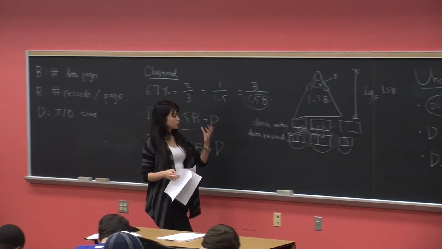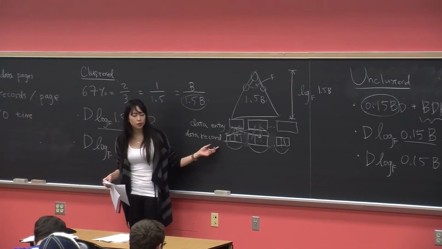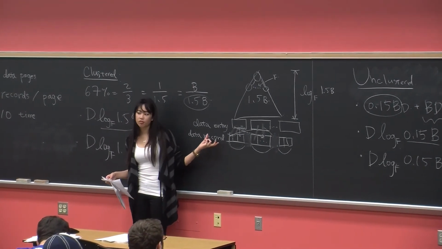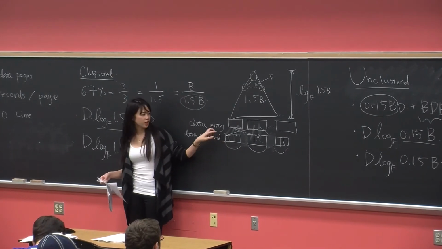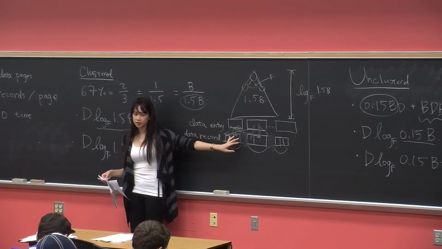If the pointers are in a crisscross way, do you think it will help range select in any way?